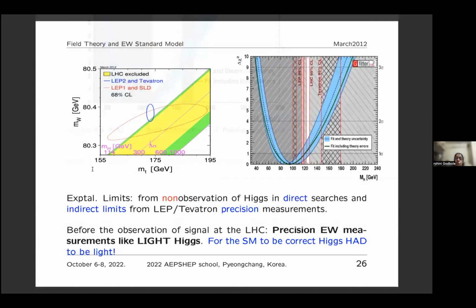This is just to show you how accurate the measurements already of MW and MT were. So here, this is the measurement of the MW and the MT. These are the direct measurements. And this line is actually the 95% contour for the prediction of the MW and MT from the precision measurement testing.